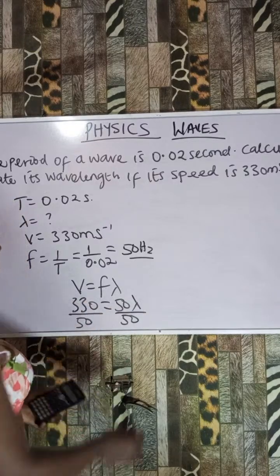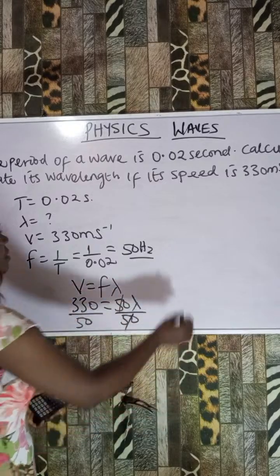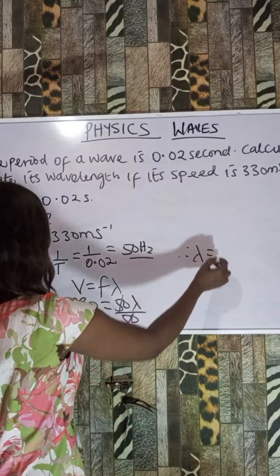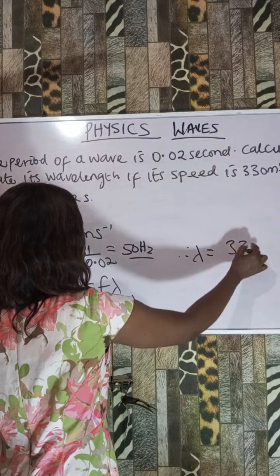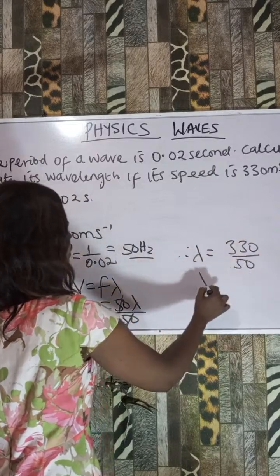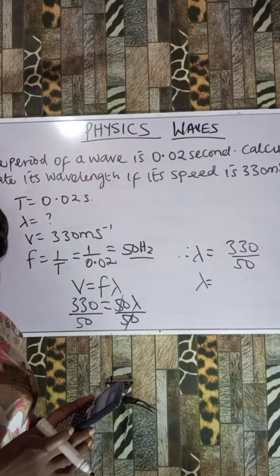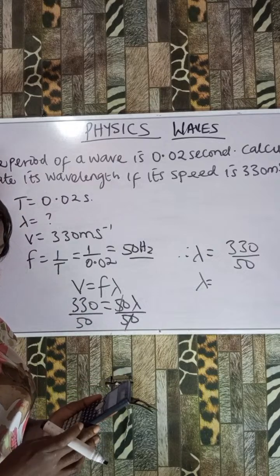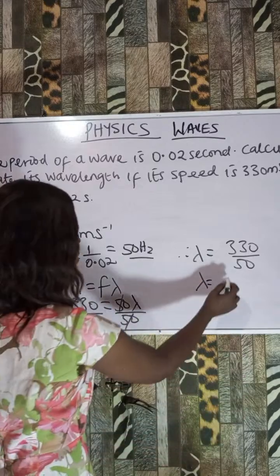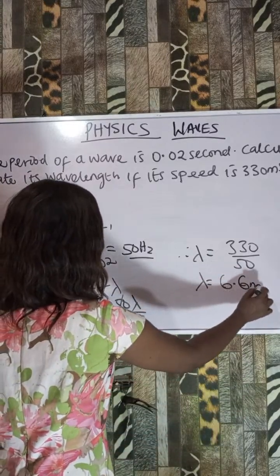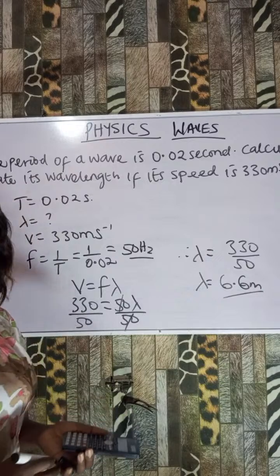And by the time you cancel this, you can say therefore lambda is equal to 330 over 50, right? So 330 divided by 50, my answer becomes 6.6 meters. I hope that is clear.